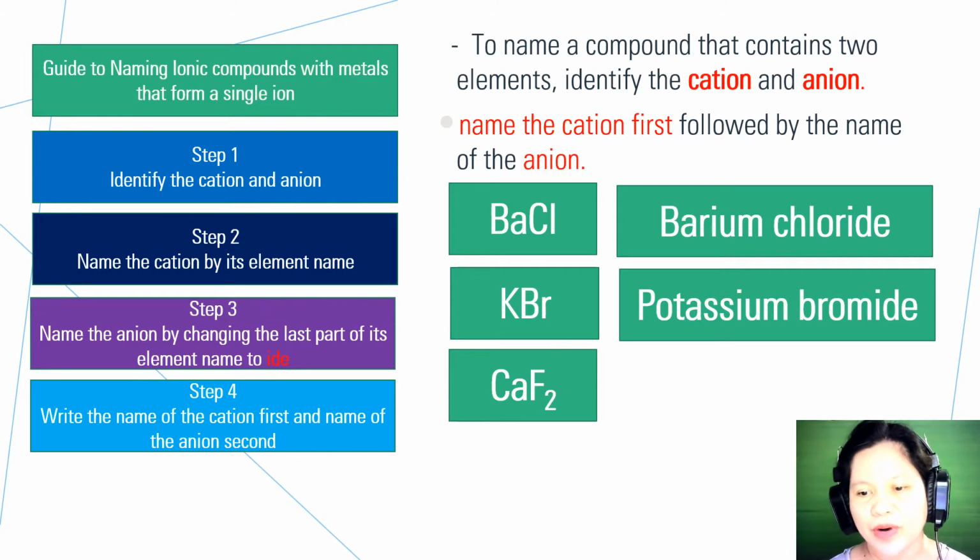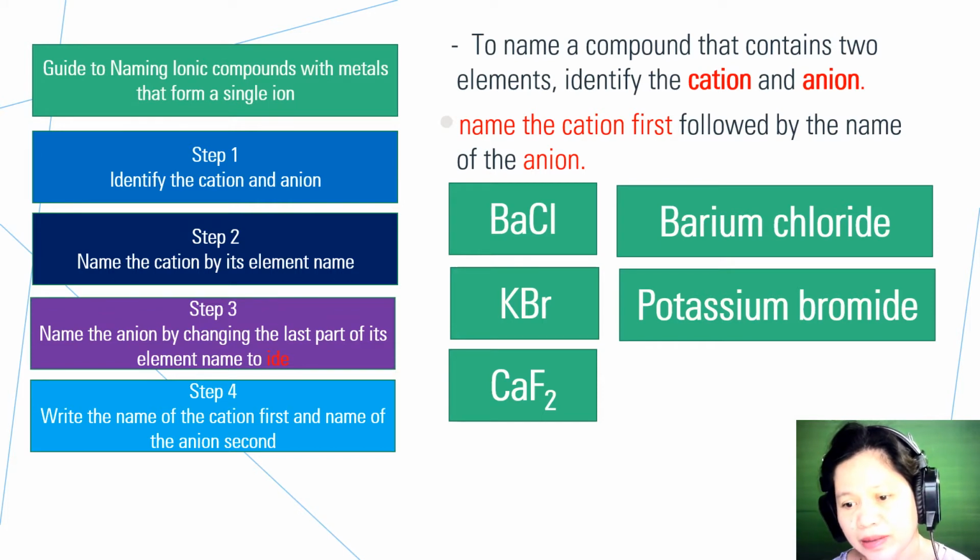Right? In writing the formula, this one should go there and this one should go there. Okay? So, when you write the formula, it would be calcium. So, no need to write down 1. That is why you can see here that calcium does not have any number.